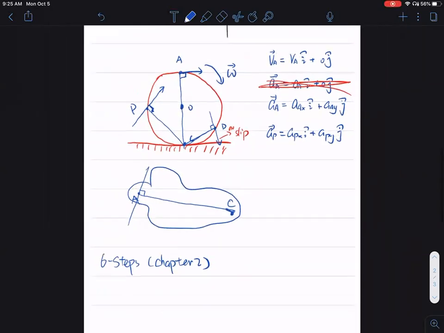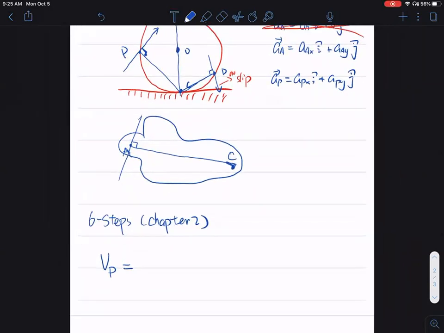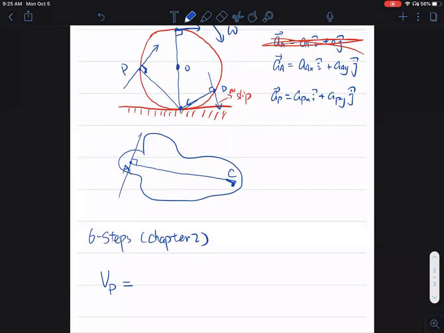Whenever you know the instant center, you can find out the speed of any point on that rigid body. In this case, let's do speed of P. So we can find out speed of P. That equals omega times distance R P slash C.